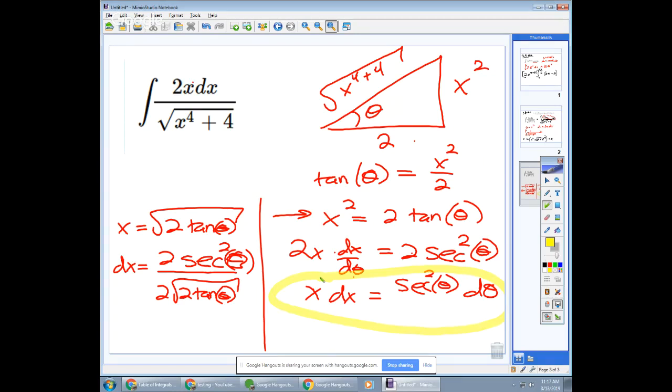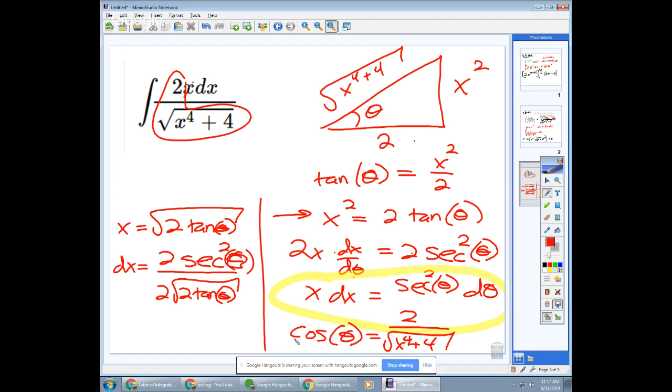What's the square root equal to here, according to my triangle? So 2 divided by the square root would be cosine, which works out very nice here. So cosine of theta is equal to 2 over that square root, because I have 2 over the square root right there.